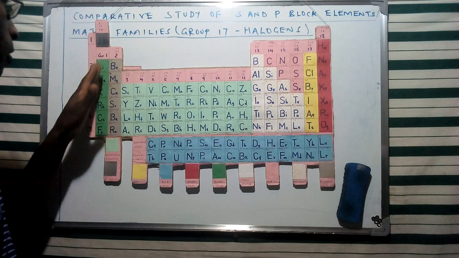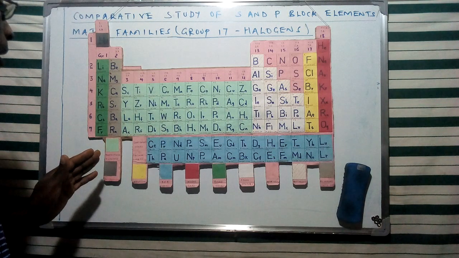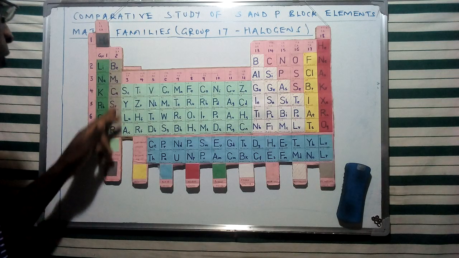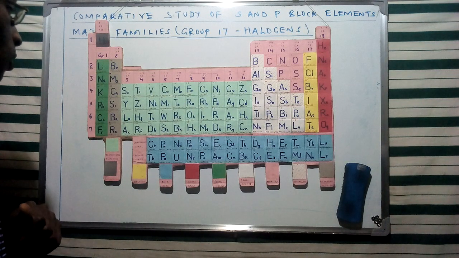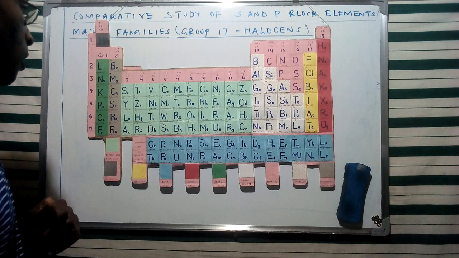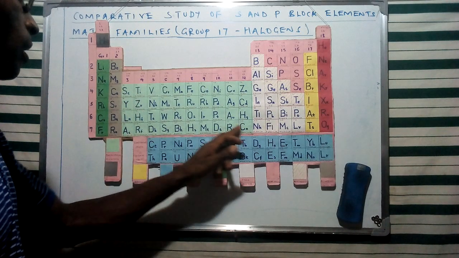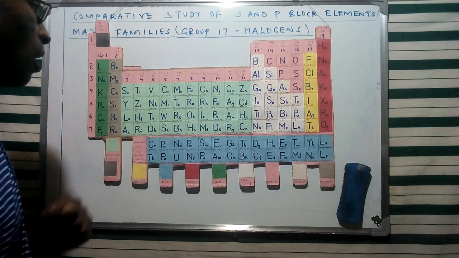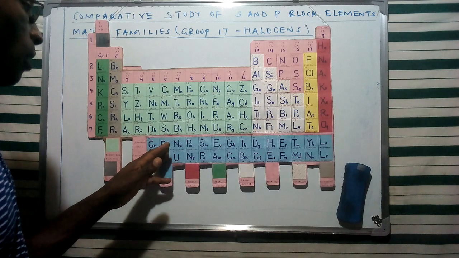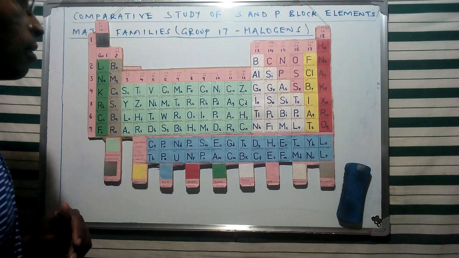In this case, this constitutes the alkali metals, and this constitutes the alkaline earth metals, in that order. And the elements in this central part constitute the transition elements, together with the lanthanide and actinide series.